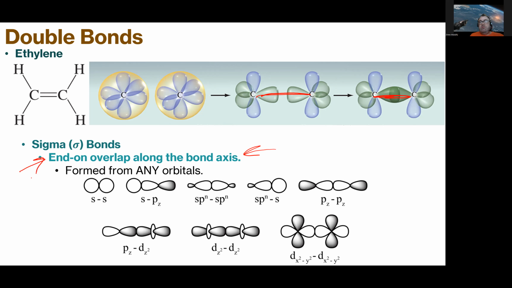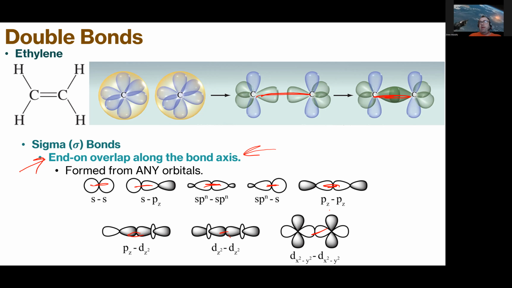So two s's overlapping, an s and a p, two hybrid orbitals overlapping, a hybrid and an s orbital, two p orbitals overlapping end-on. You can get p's and d's, two d's, whatever. As long as they're pointing at each other along the bond axis, you're good, and that's a sigma bond.